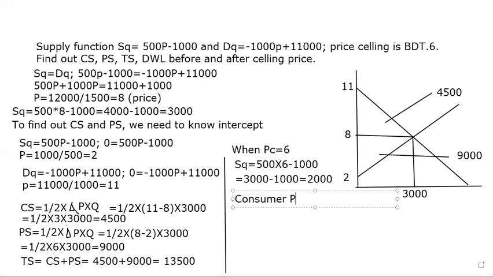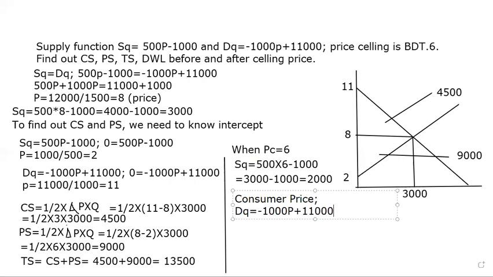The quantity is given here, 2000, in our function equal to minus 1000 P plus 11,000.